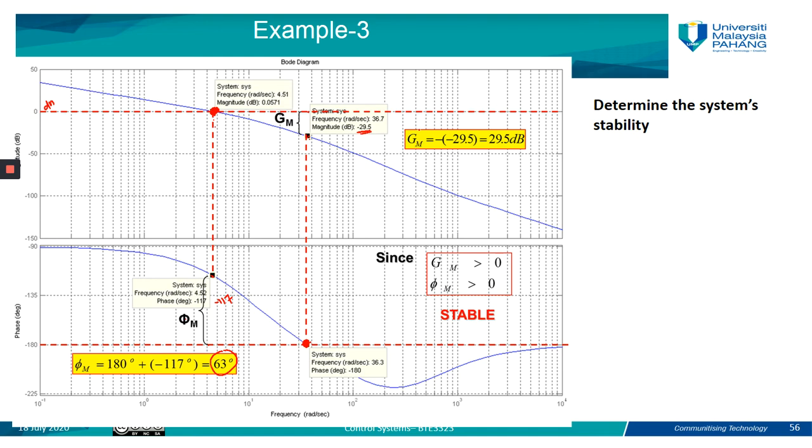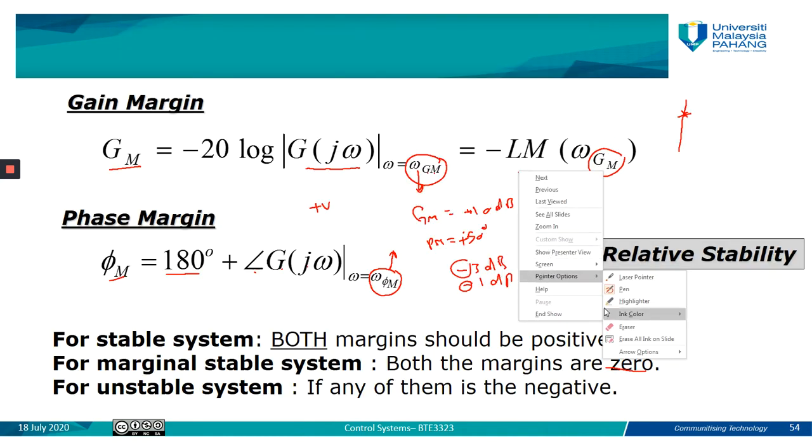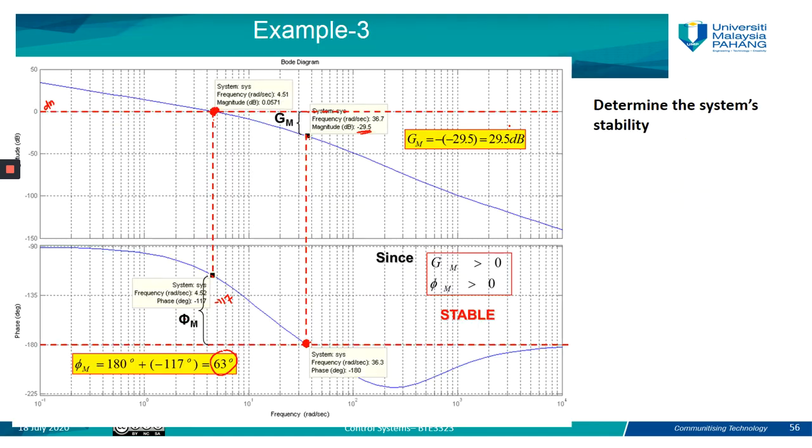We use the formula which says gain margin equals the negative of the log magnitude of our system. That means whatever the value is here, we multiply by a negative sign. So in this case, it is negative 29; negative of negative will be positive 29.